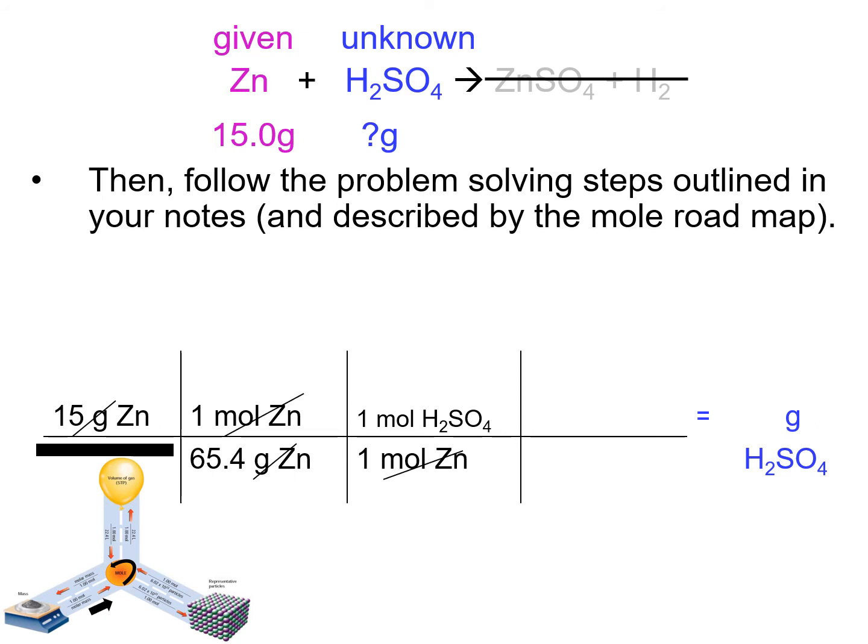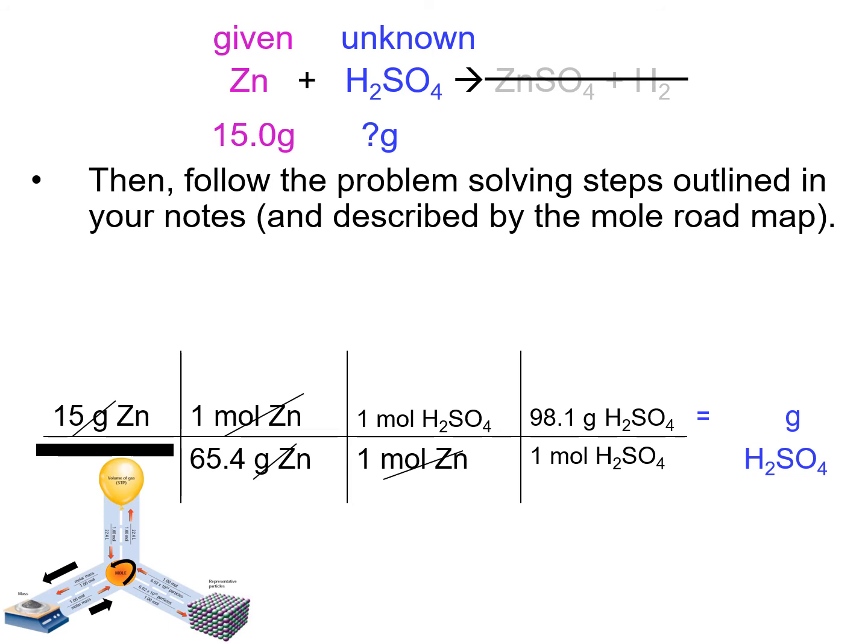We want grams. We have to do one more conversion. To get from moles to grams, the mole roadmap tells us to write 1 mole in bottom, molar mass on top. The molar mass of sulfuric acid is around 98 grams. So I put 98.1 on the screen. 1 mole of sulfuric acid on the bottom.